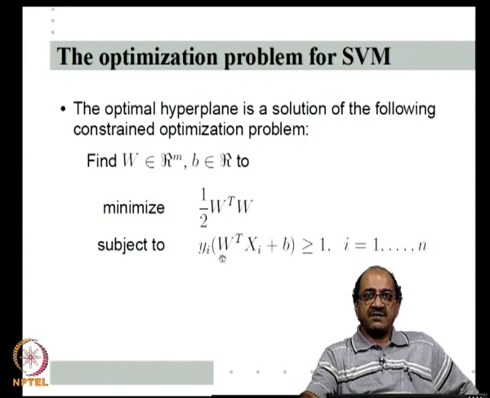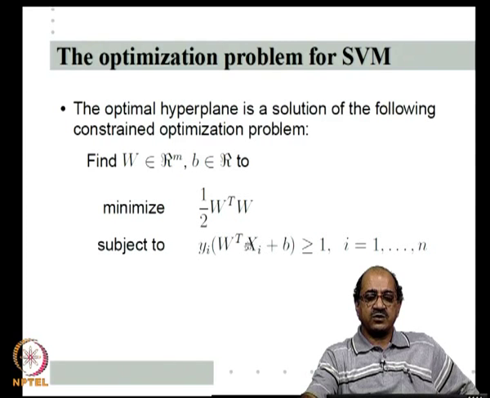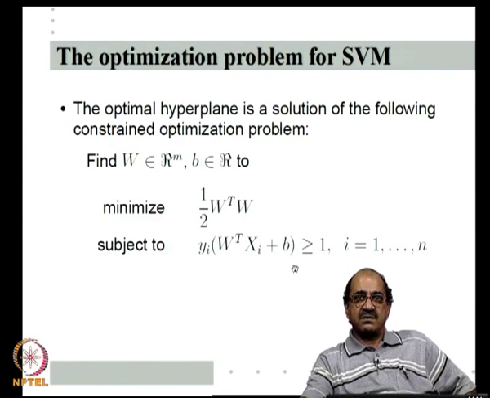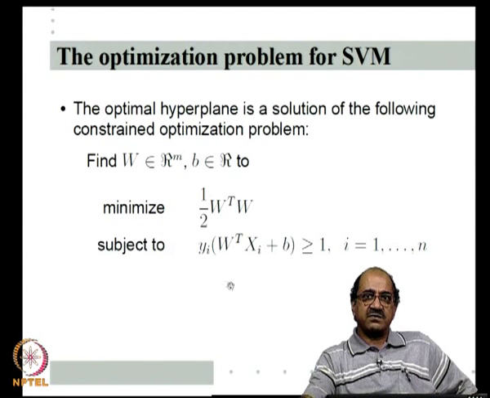Separability, so that if I want to take W transpose x plus b equal to 0 as my optimal hyperplane, then the margin is given by the space between W transpose x plus b equal to 1 and W transpose x plus b equal to minus 1. So, if for all i equal to 1 to n, these constraints are satisfied, then this particular W, b represents such a separating hyperplane, and for that hyperplane this is the inverse of the margin.